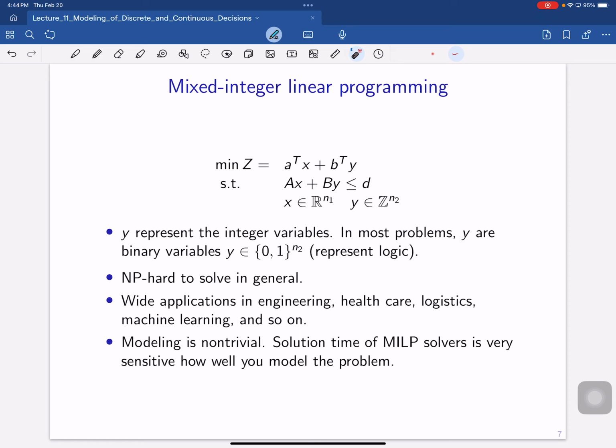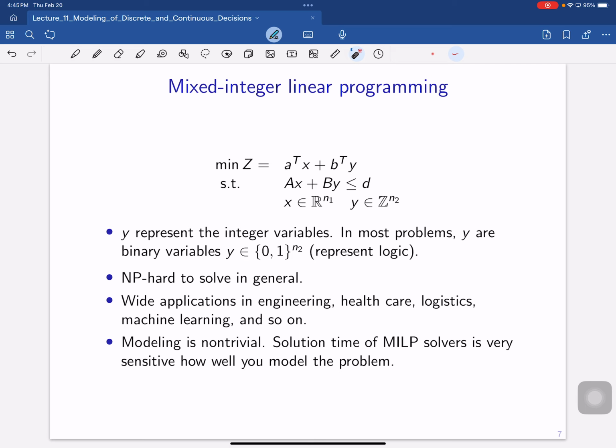So for most of the algorithms I talk about, we will focus on 0, 1 variables. We will not focus on general integer variables, for that reason. Of course, it is still NP-hard to solve this problem, and there are many applications in engineering, healthcare, logistics, machine learning, and so on.